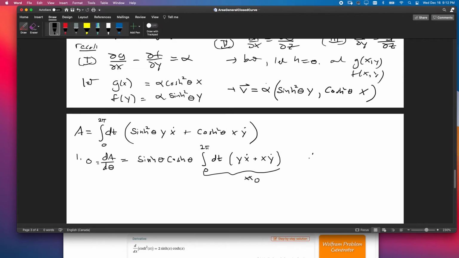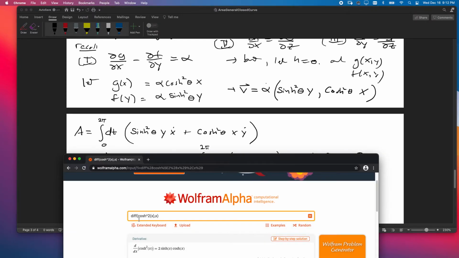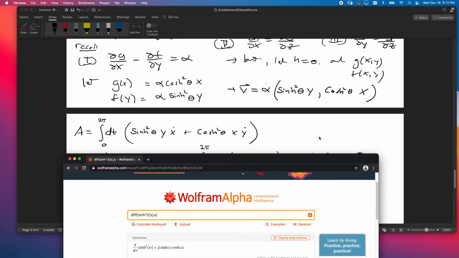Therefore, theta has to be equal to 0 so that the sinh of theta is 0.